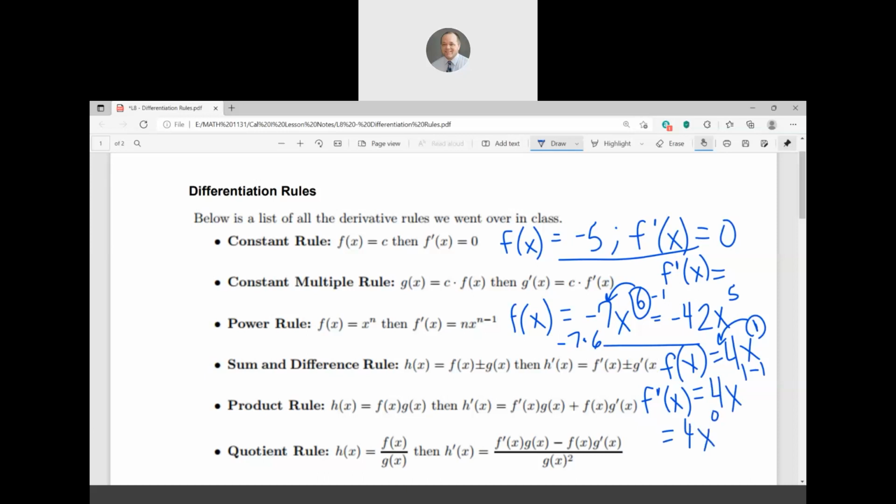Now that gives us 4x to the 0 power. And y'all know that any non-zero base raised to the 0 power is automatically 1. So x to the 0 is 1. Our first derivative is actually positive 4.